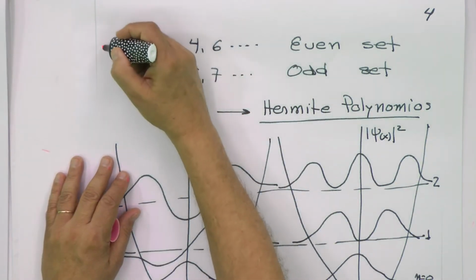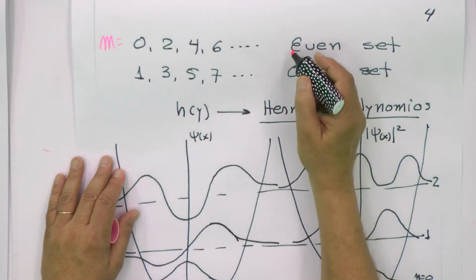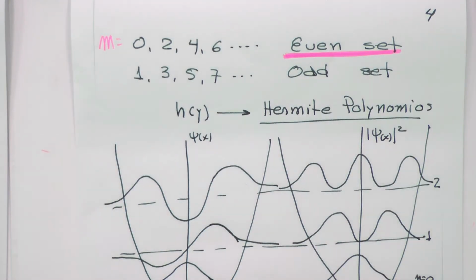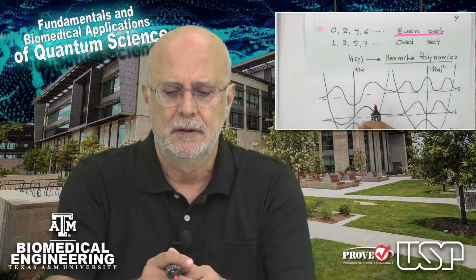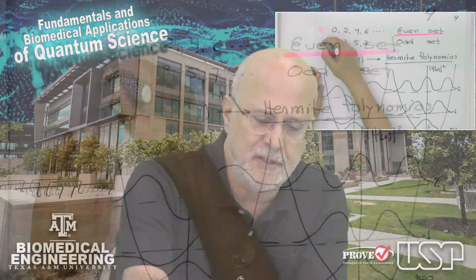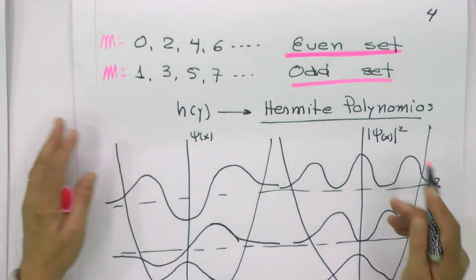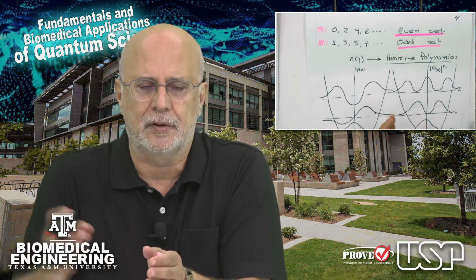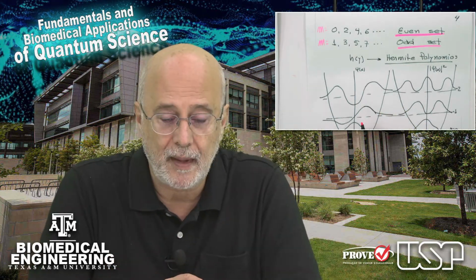If m is equal to 0, 2, 4, 6, that gives an even set of solutions. It means the polynomial will be even because the Gaussian is always even, right? Now, when m is equal to 1, 3, 5, 7, this gives us the odd set of solutions, and an odd function times an even one gives an odd one, so the Gaussian does not matter.